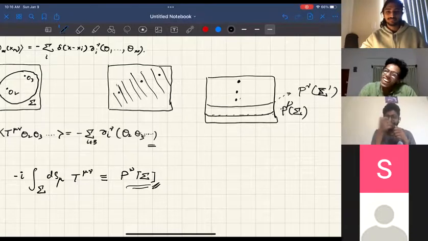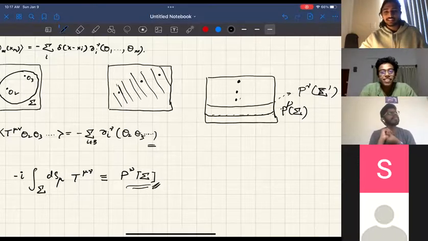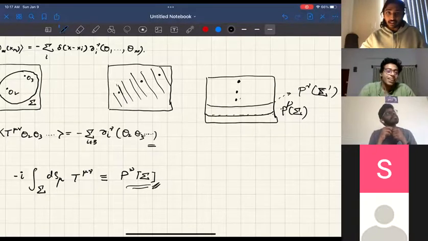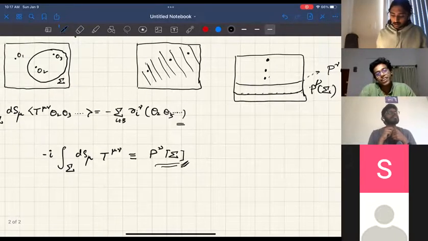So you can start picking your clock once you come across one of the thetas. Yeah. So these topological surface operators essentially correspond to symmetries.